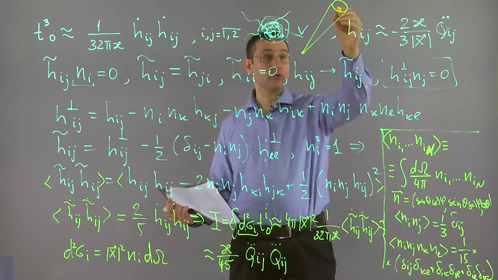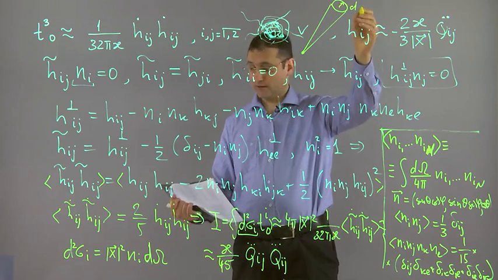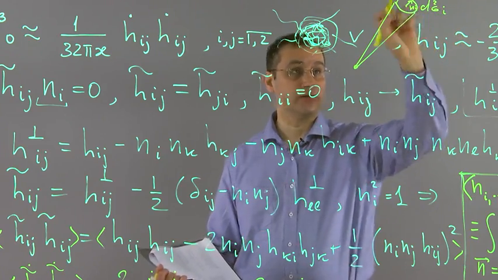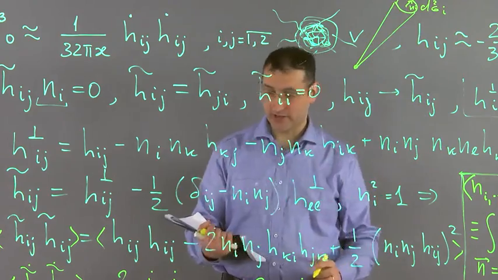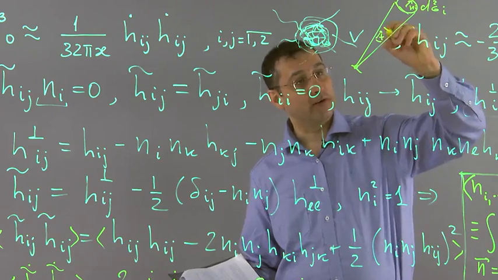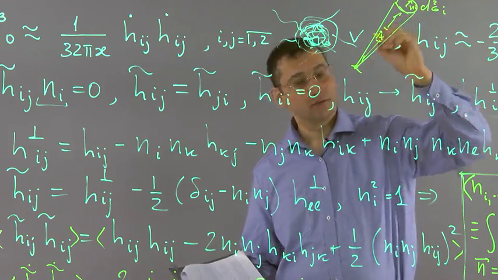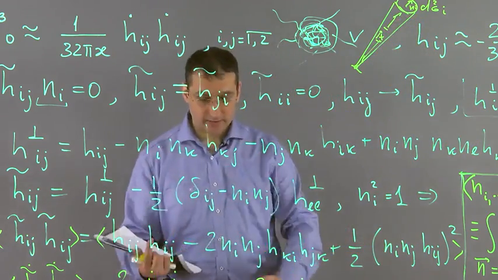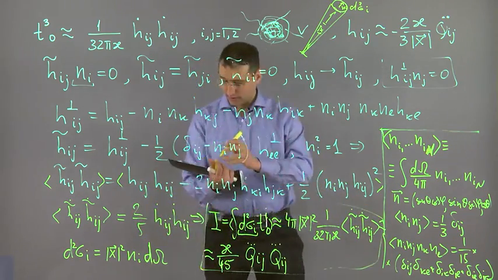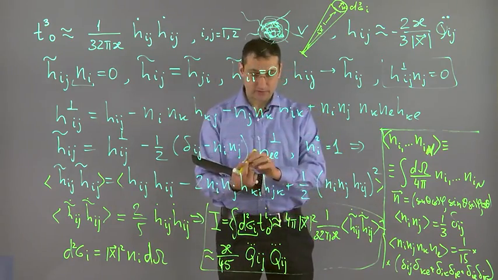This is d sigma, d2 sigma I. This is n_i, the unit vector in the direction of the radiation, and this is just modulus of x, this distance. So that's the formula we were going to obtain, and that's the formula we have obtained.